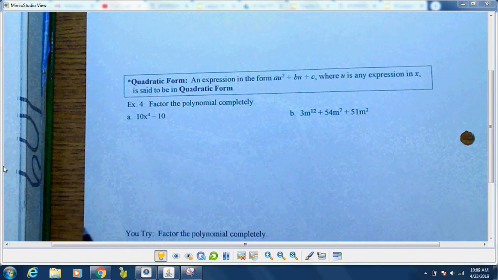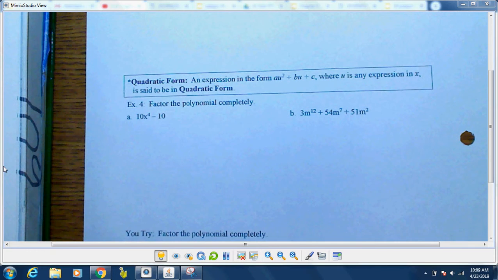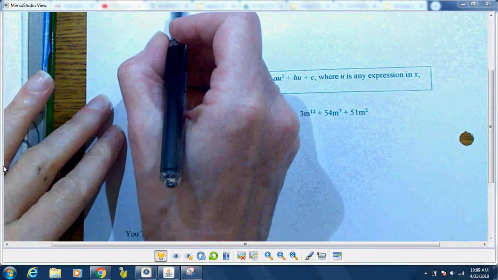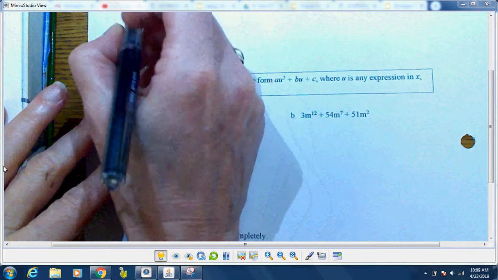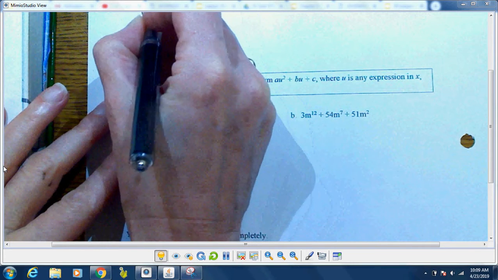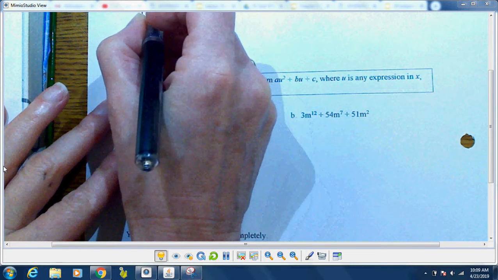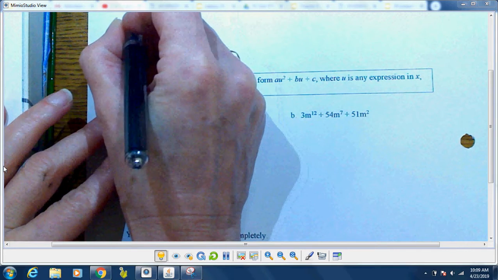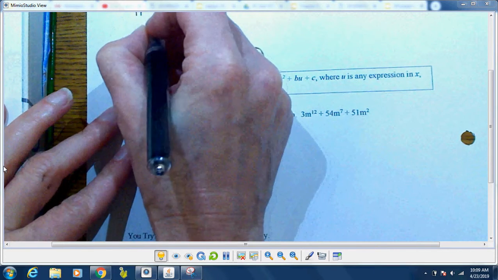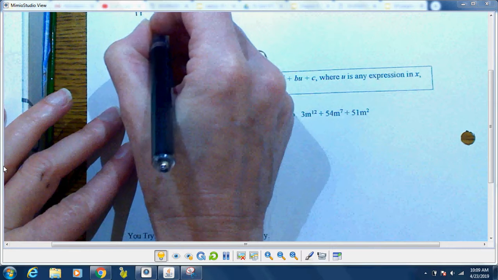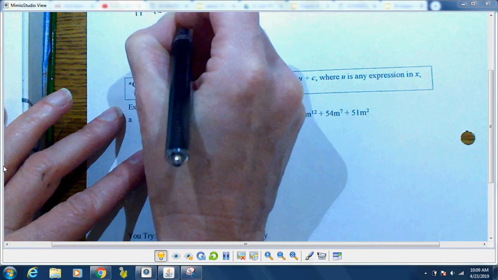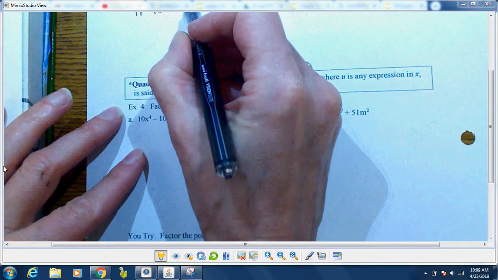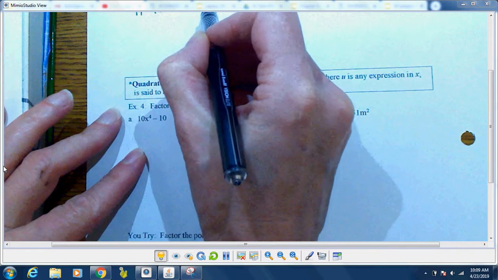So let's see how we do this here. So what I'm going to do is, for this one, I'm going to take an r squared, and those are both divisible by 9, so a 9r squared, and I'm going to get a 3r plus 5. And then out of these two, I'm going to take out a negative 3.